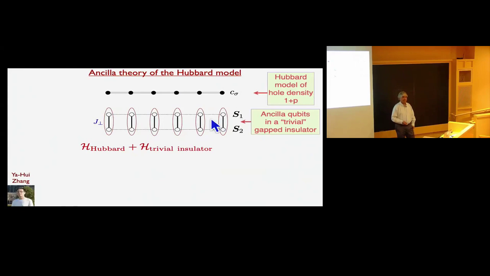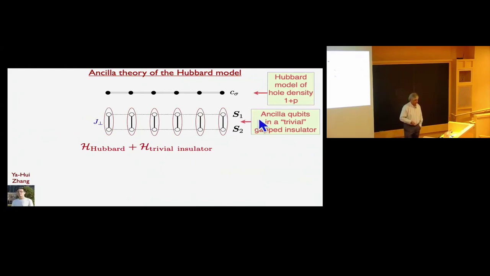The idea, just like in quantum computing, is that the purpose of the Ancillas is to create more entangled states of the physical degrees of freedom. So the Ancilla will help us write down phases and gauge theories of the physical electrons in a much more elegant way than the hand-waving method I just described.